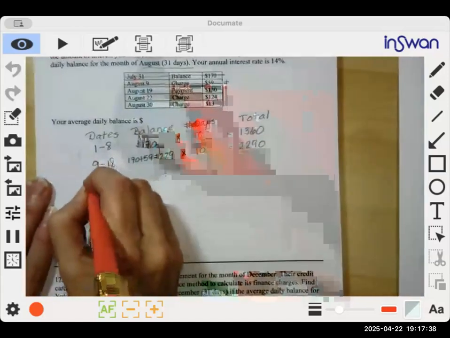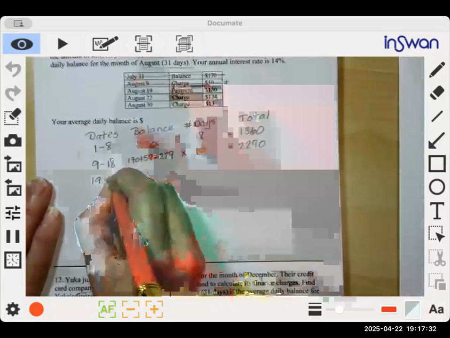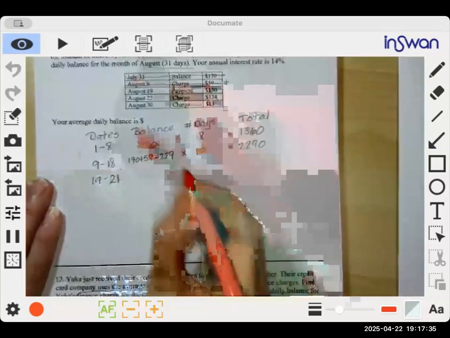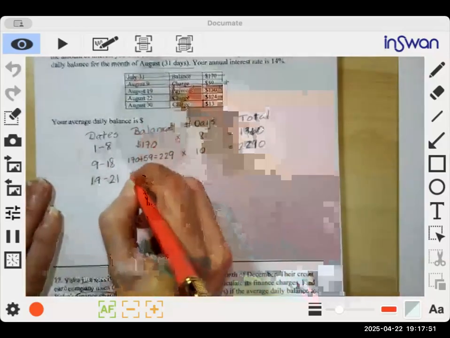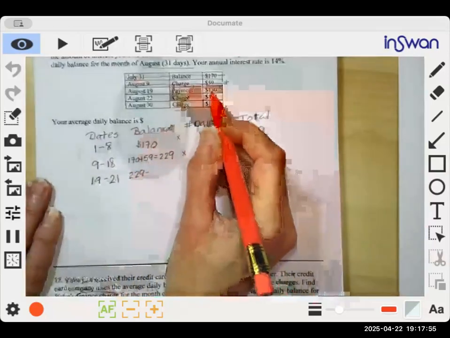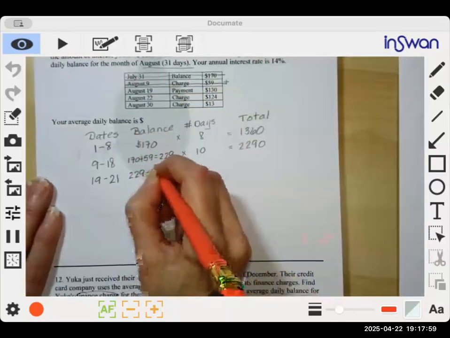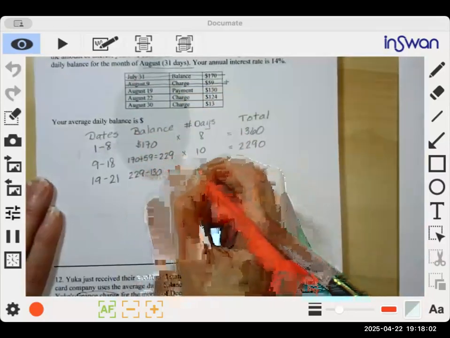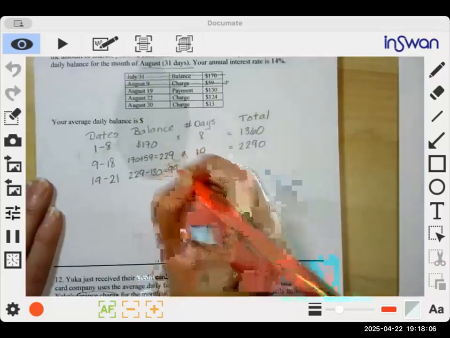And now we're going from the 19th through the 21st. Oh, we made a payment of $130. So that means we're going to take that balance and we're going to subtract the payment of $130. And that's going to be $99.